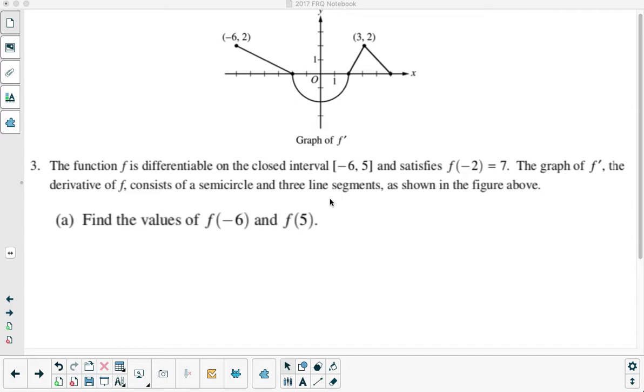So again, it's important to underline or make note of anything in here that's important to solving the problem. So f is differentiable on the closed interval from -6 to 5.